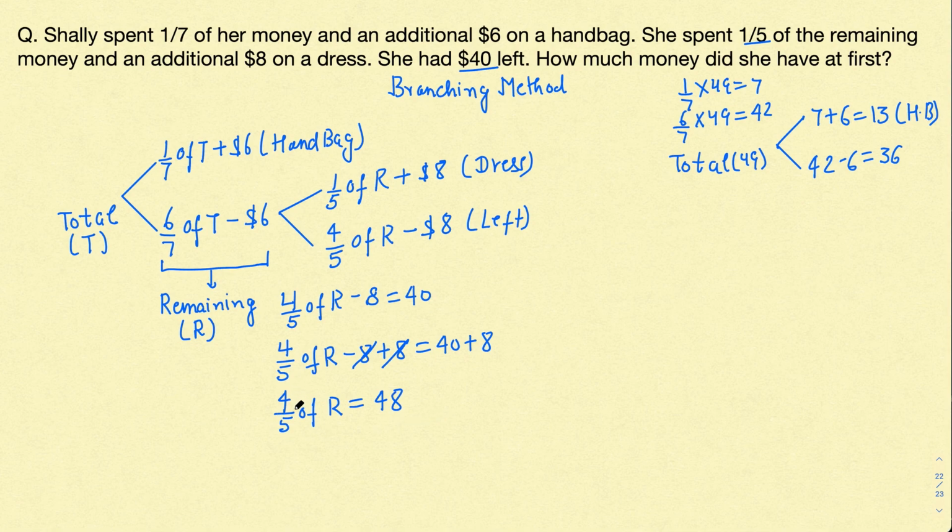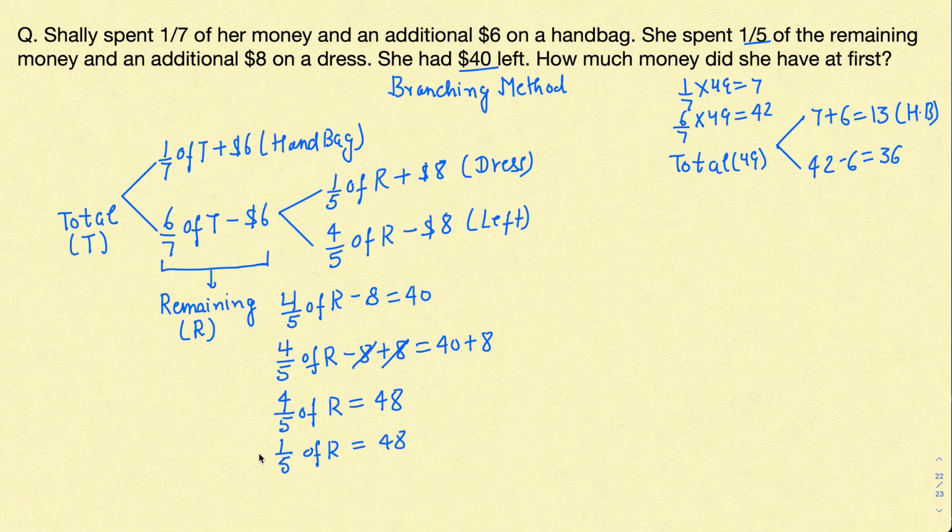Now if 4 by 5 of remainder is 48, how much will be 1 by 5 of remainder?